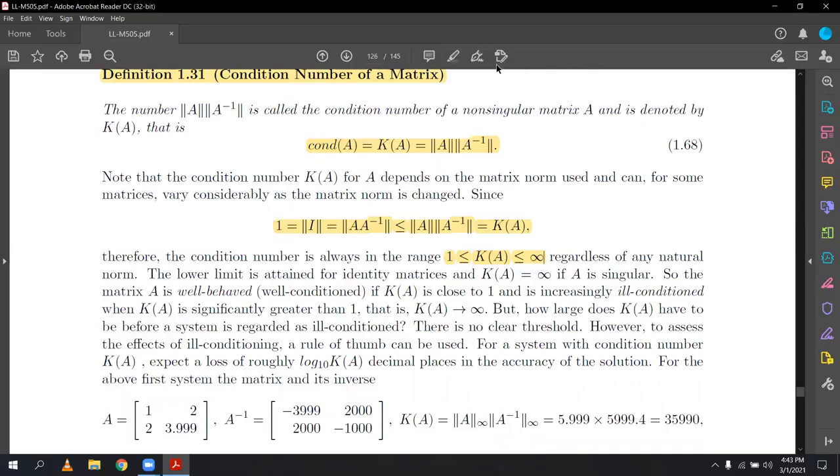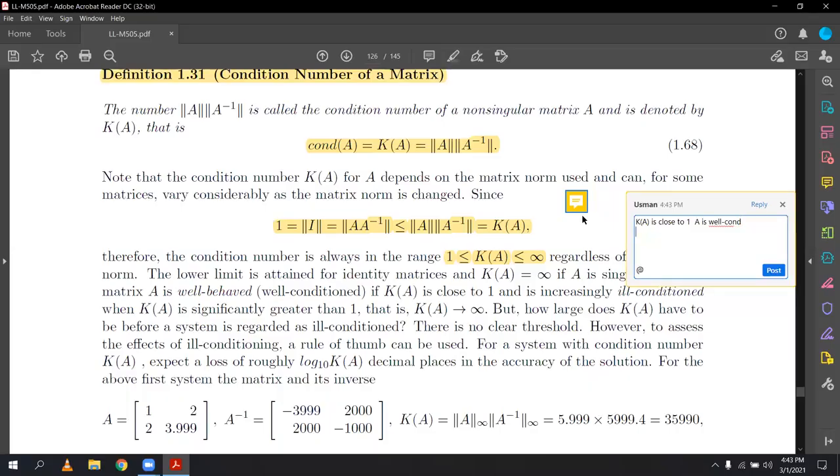So we can say here, if the value of K of A is close to 1, then we say A is well conditioned.